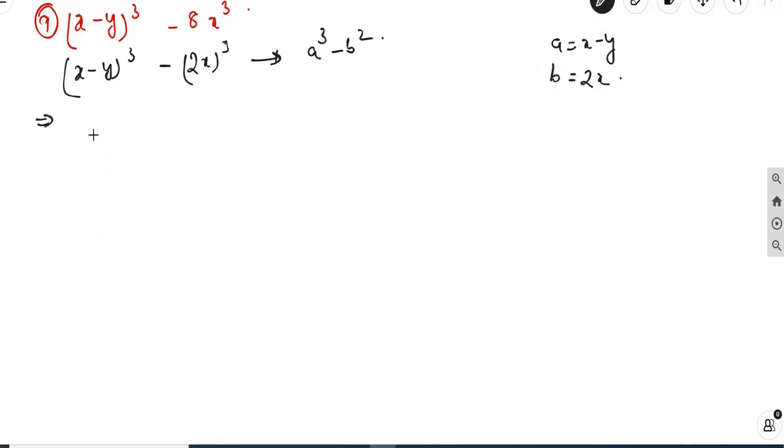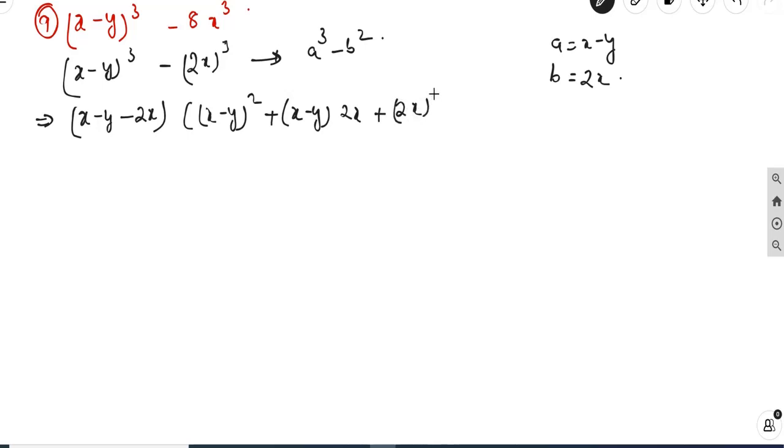So this becomes x minus y minus 2x, open the bracket: x minus y square, plus x minus y into 2x, plus 2x square. Now if you do one more step here, we can subtract this and this.